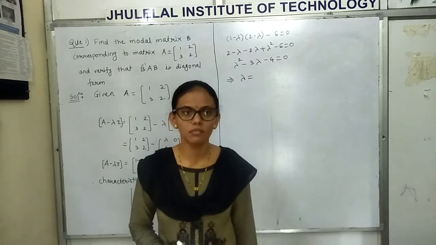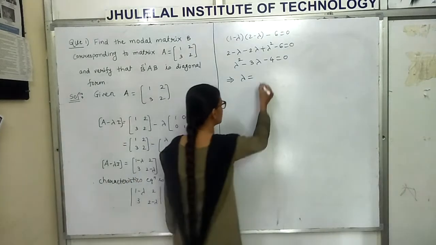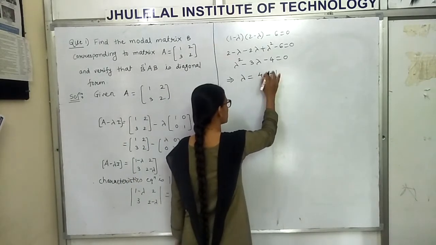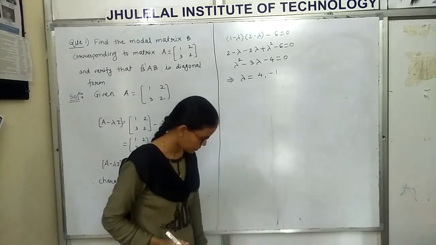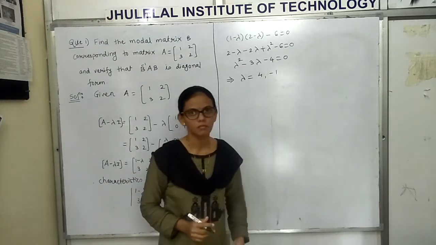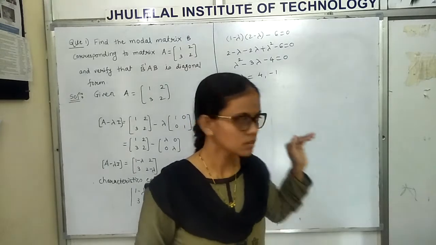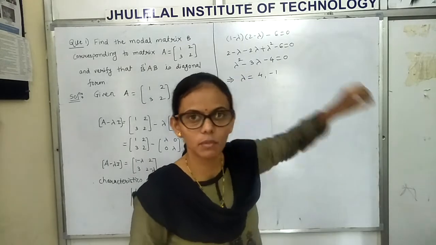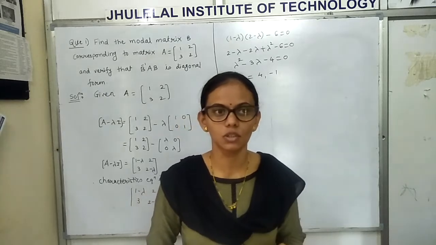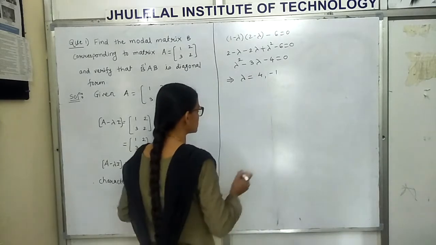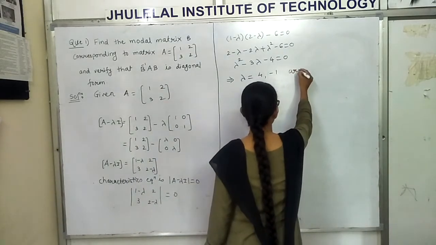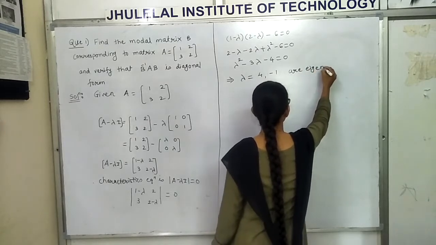The values of lambda will come out to be 4 and minus 1. These are called eigenvalues. So in this case, your first step is completed.